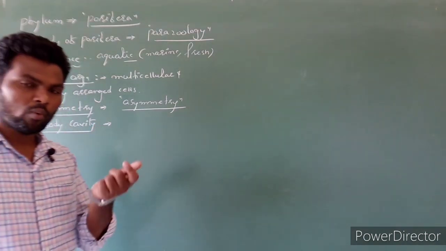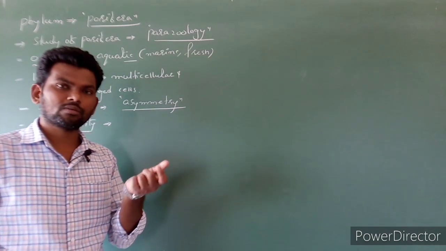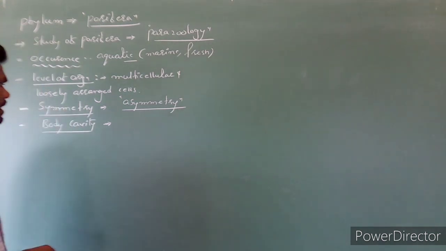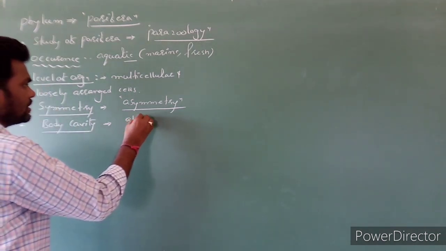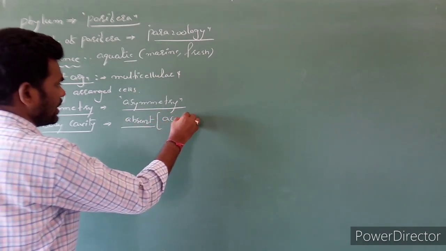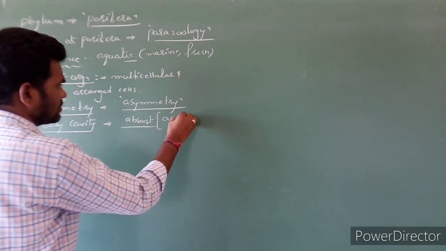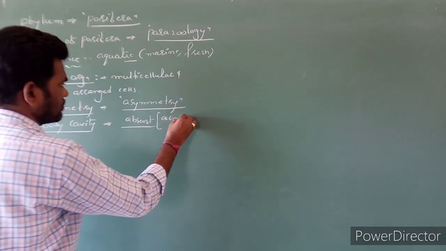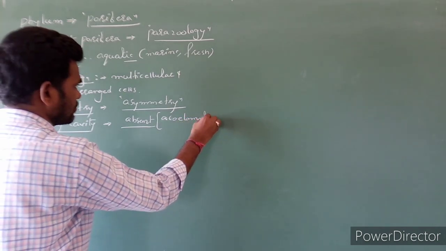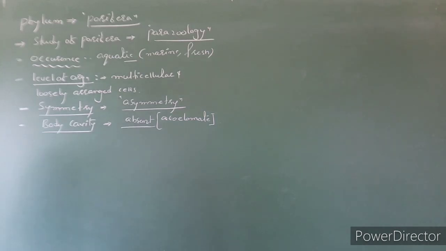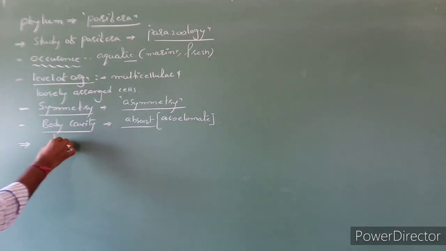Coelom means one small space which is present between the body wall and the gut wall. But in Porifera, body cavity is absent. It means we have to write acoelomates. Clear?